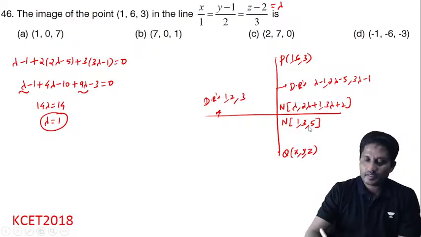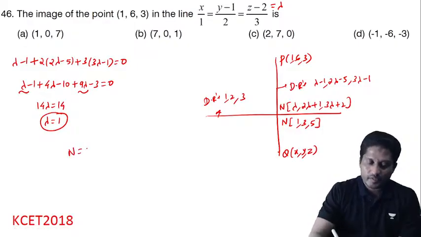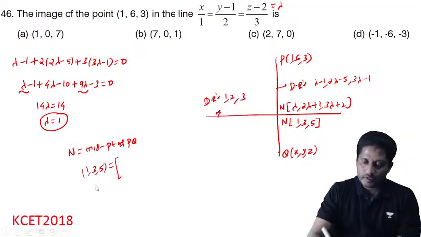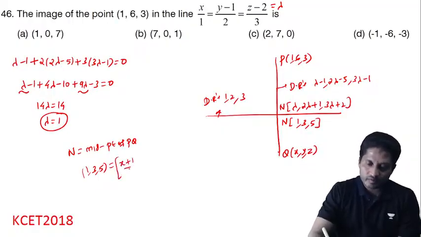The foot of the perpendicular is equal to the midpoint of PQ, right? Midpoint of PQ is x plus 1 divided by 2, y plus 6 divided by 2, z plus 3 divided by 2.